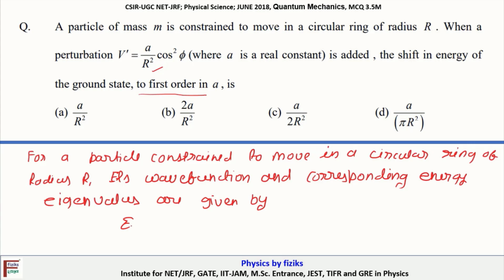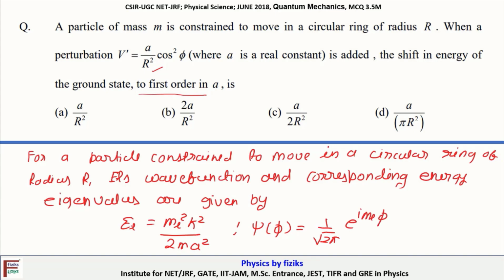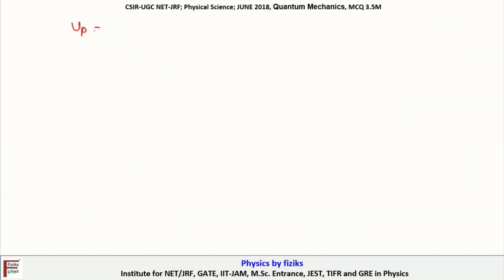E_l equals m_l square h cut square by 2 m a square, and psi of phi is equal to 1 by root 2 pi e to the power i m_l phi. V is defined as a by r square cos square phi.